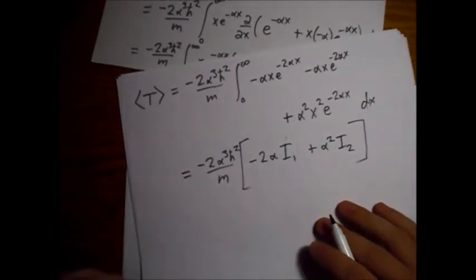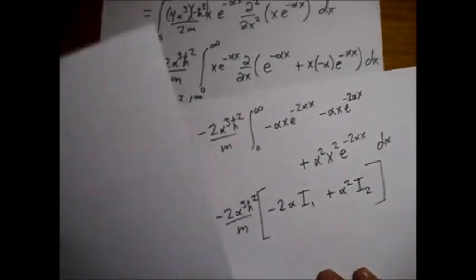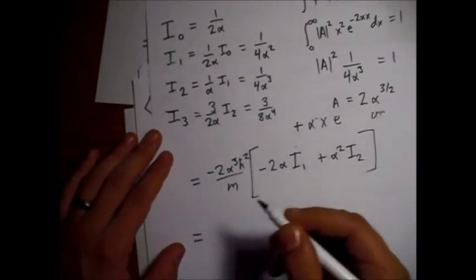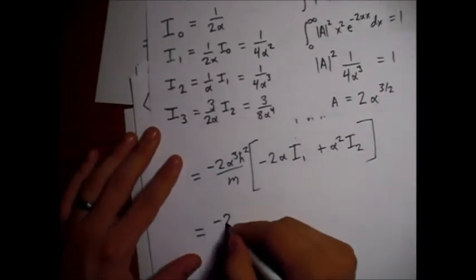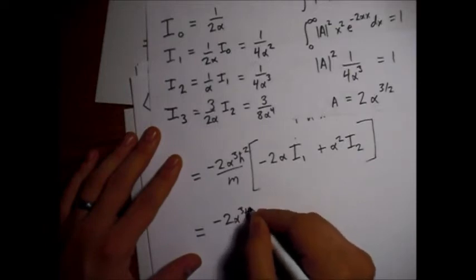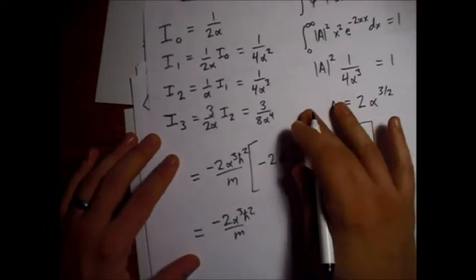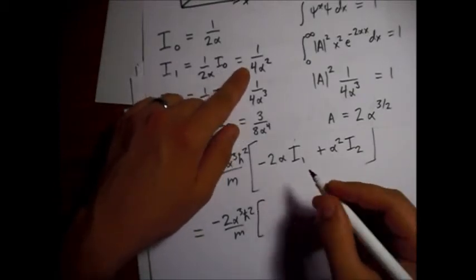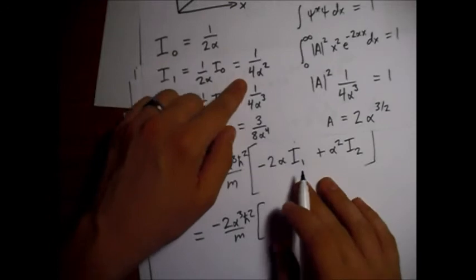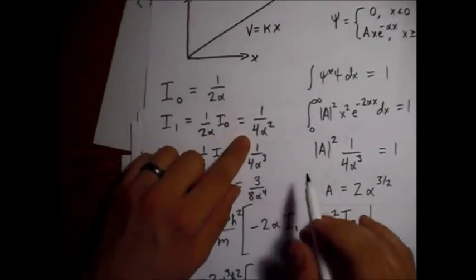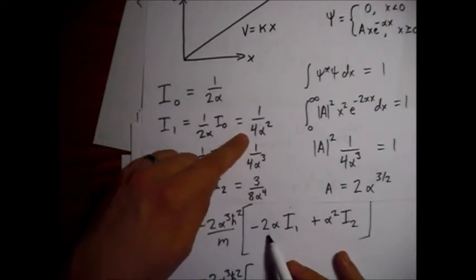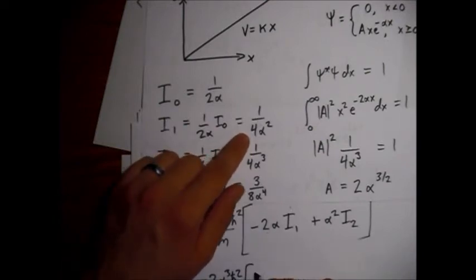And here we go. So now we just plug in what we've got. I can go find it, dig it back up. Equals minus 2 alpha cubed h bar squared over m. And then we have our I1 here. So we'll still have a minus sign here.